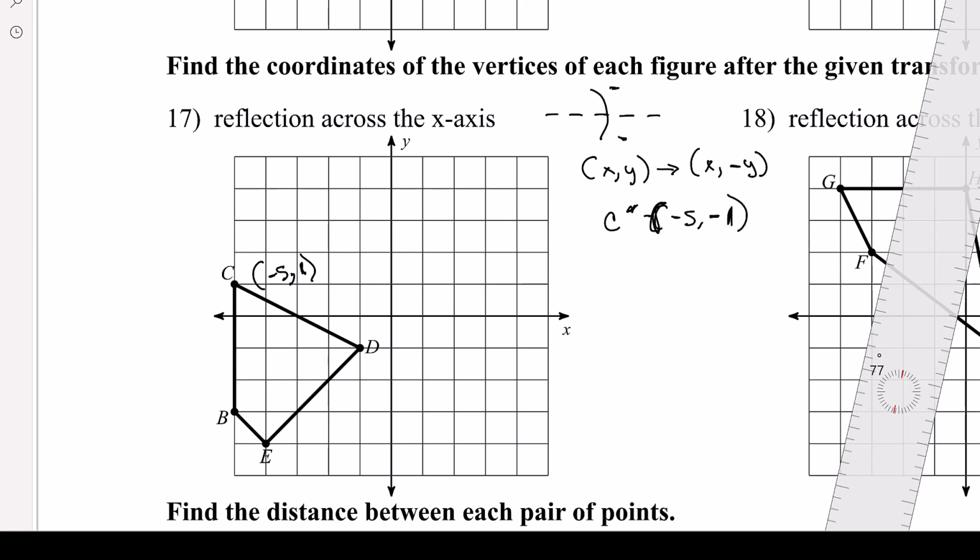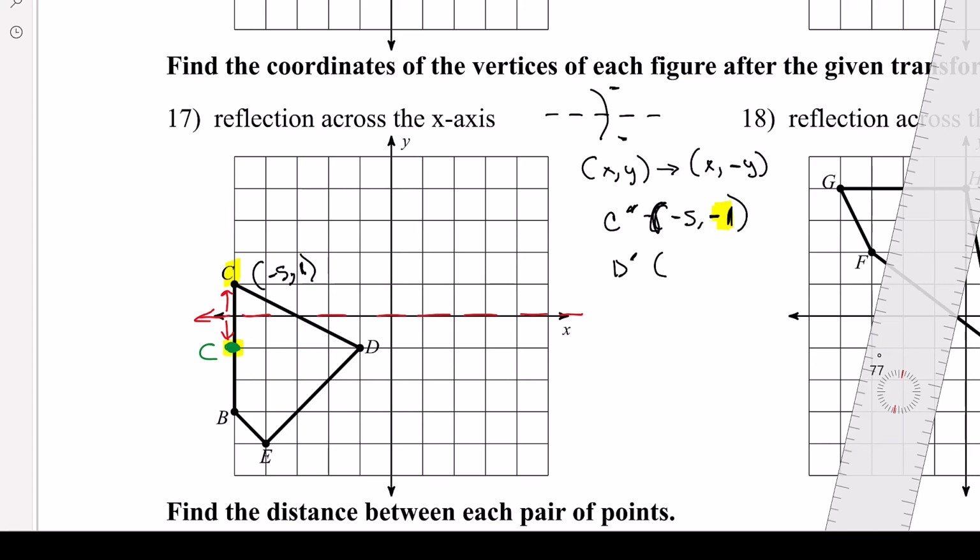Because only the y's change, because we're going to reflect. Let's see if that makes sense. Here's the x-axis, so here's the point, the line of reflection. We went up 1, we're going to go down 1. Yeah, that makes sense. So this is c prime, all right?